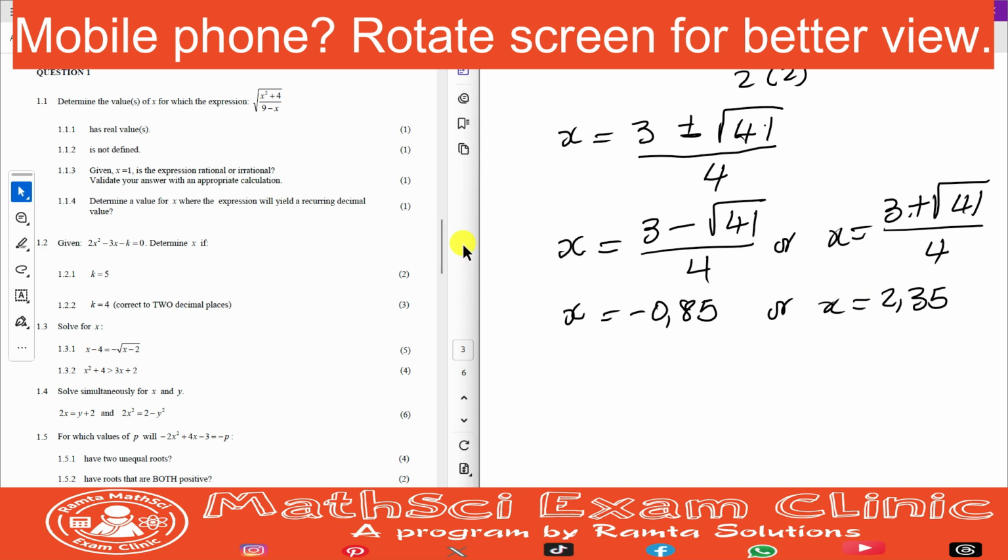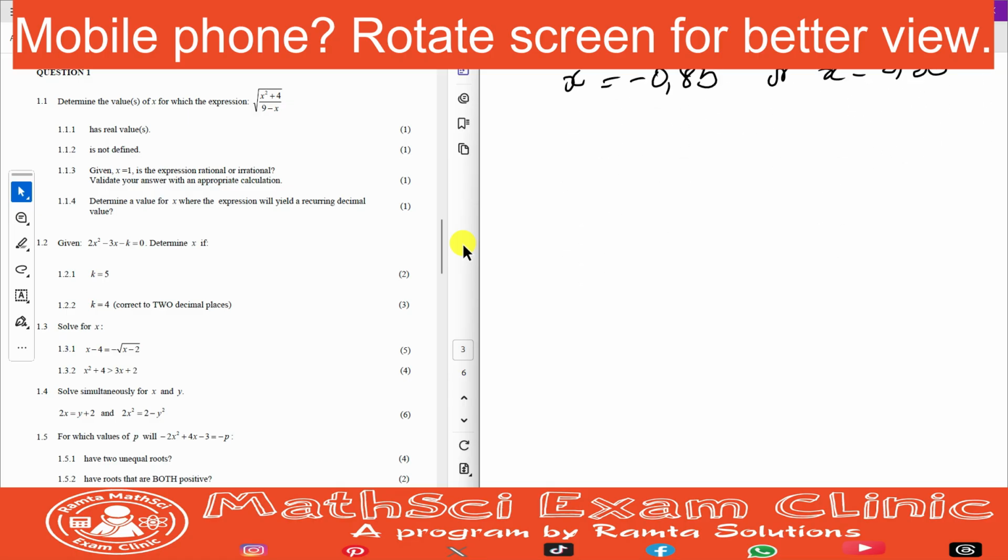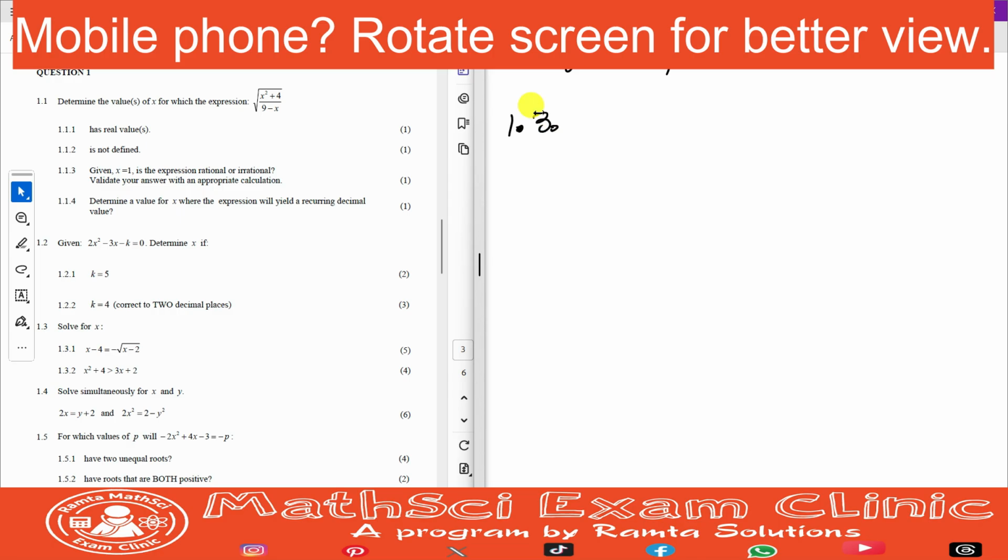Okay. All right. So far we have done 9 marks. We are almost there. Slightly delayed, but almost there. 1.3.1: x minus 4 equals negative square root of x minus 2.